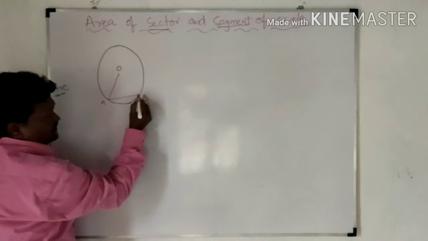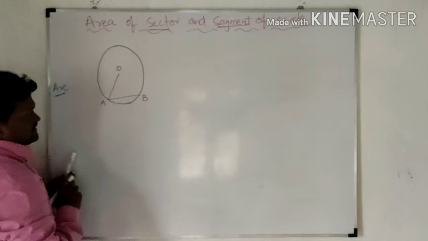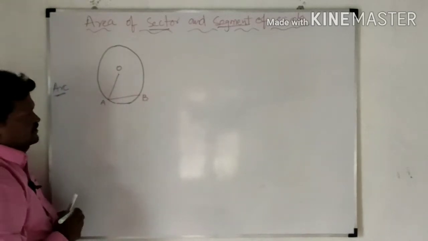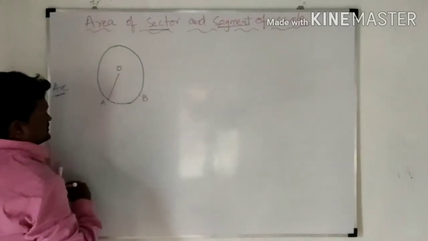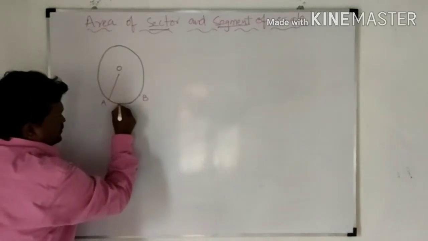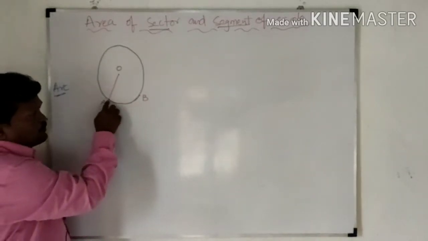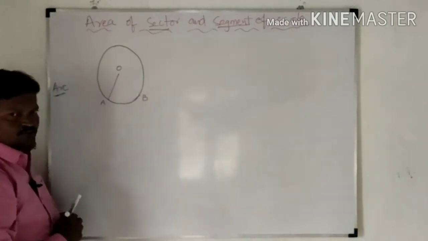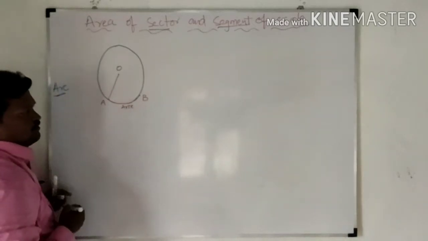If we join any 2 points on the circle, then that line segment is said to be a chord. Otherwise, see that this is point A and point B, and the portion which is joined from A to B on the circle, the portion of the boundary of the circle, that is nothing but an arc. This is called arc. Okay.